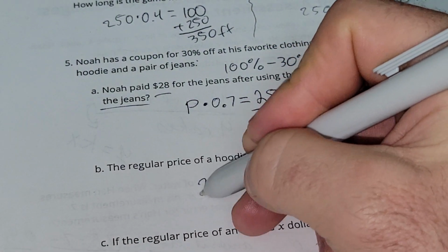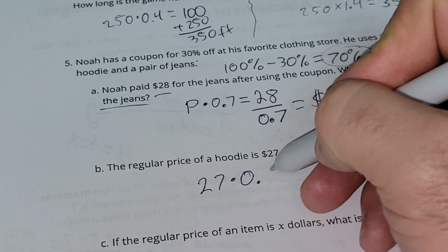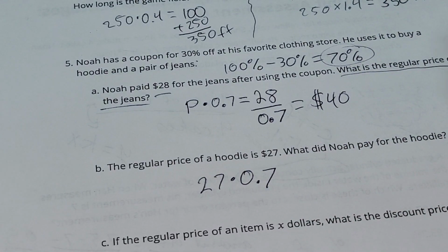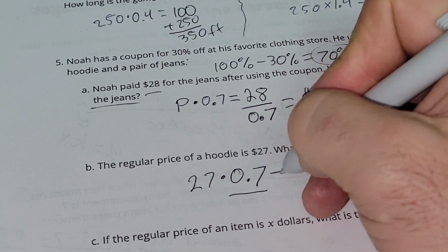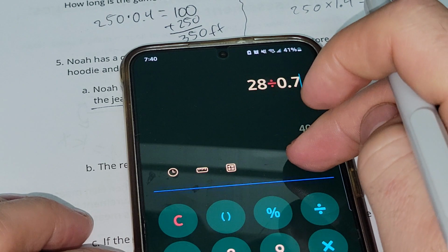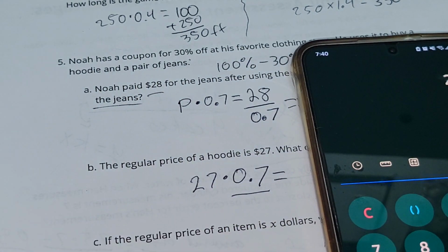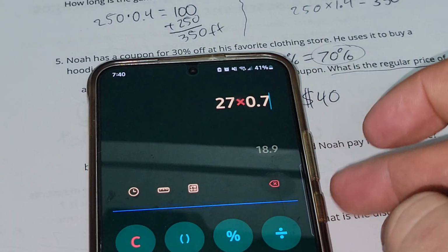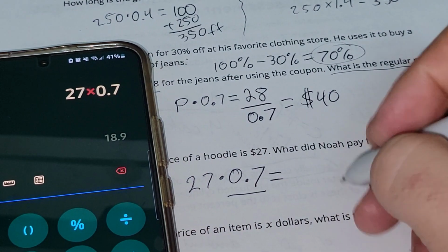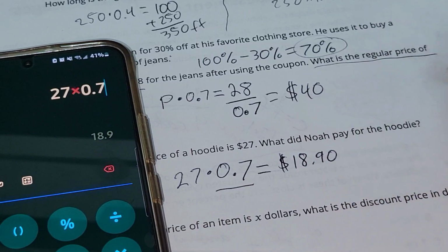The original price is $27, but now it's 30% off, so I'm calculating what 70% would be, which is 0.7 as a decimal. 27 times 0.7 equals 18.9, which in the money world is $18.90.